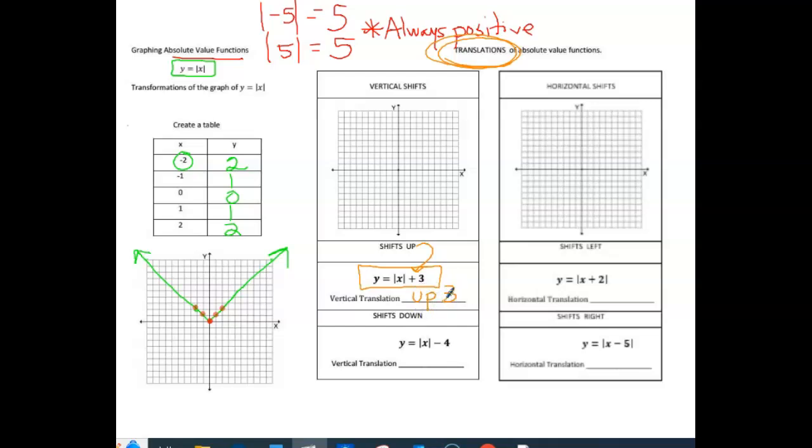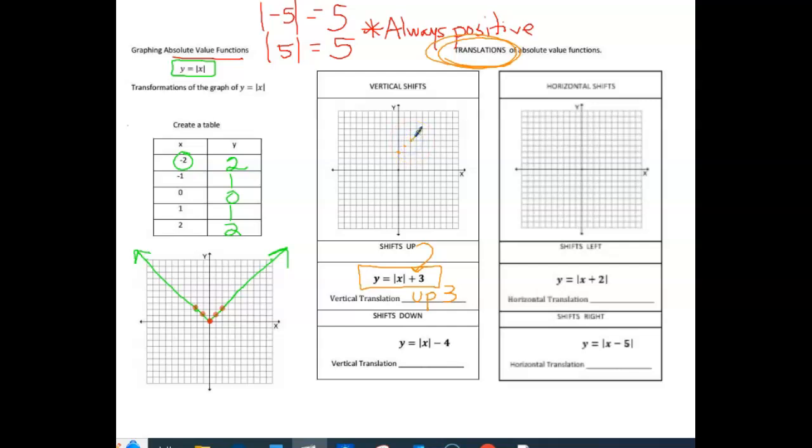When it talks about shifting up 3, that means your vertex, that 0, 0 point, is going to shift up 3. So if I go up to my graph here, instead of starting at 0, 0, we're going to start up here at 0, 3. And then once again, it's just that V pattern. Up one, right one, up one, right one.